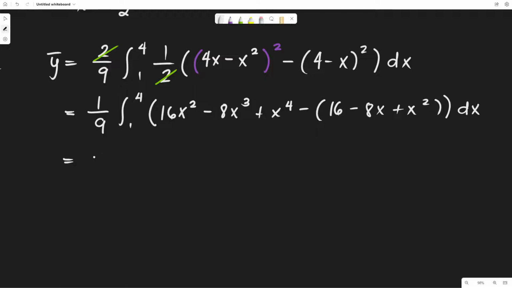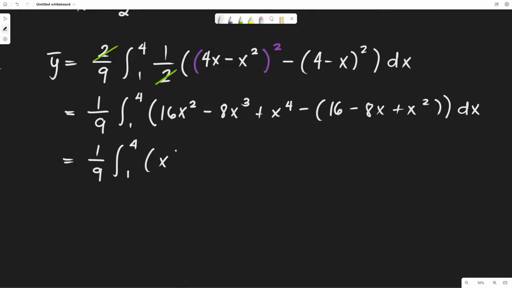Diba? So we have 1 over 9 multiplied to the integral from 1 to 4 ng ito tayo, no? Decreasing power natin, ayusin natin decreasing power.